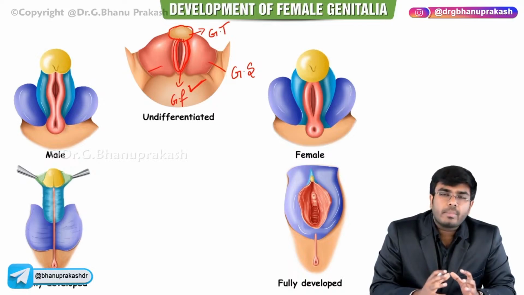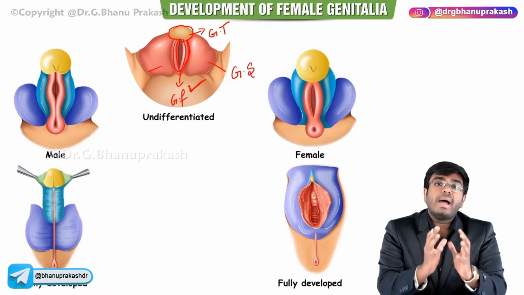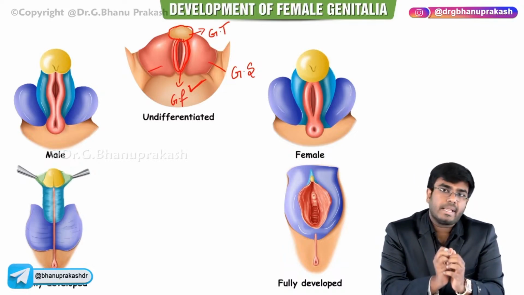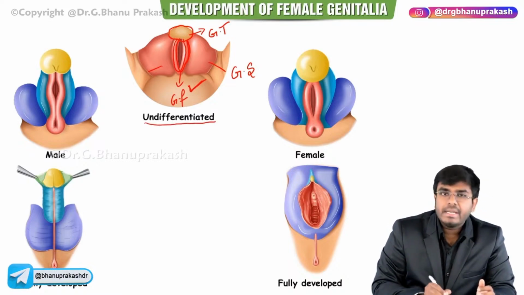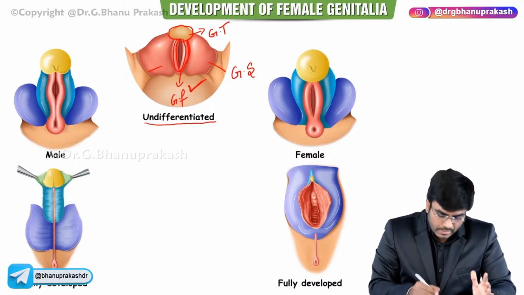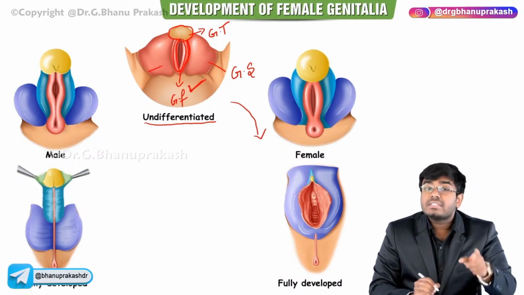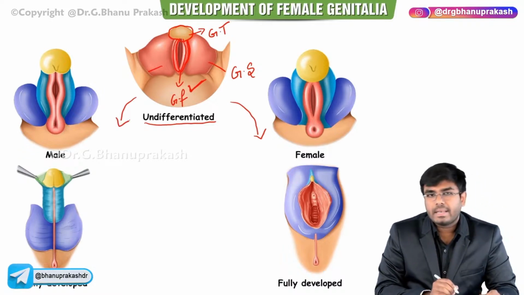What I am trying to put into your mind is that the external genitalia is by default programmed towards the female. What do I mean by this? This is an undifferentiated state. If there is absence of testosterone, it will become female external genital organs. If there is dihydrotestosterone, these structures are going to become male-like.